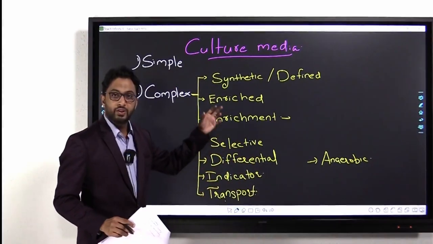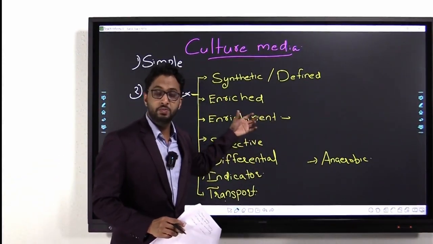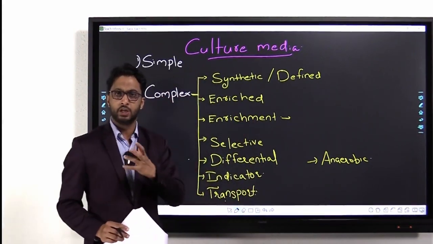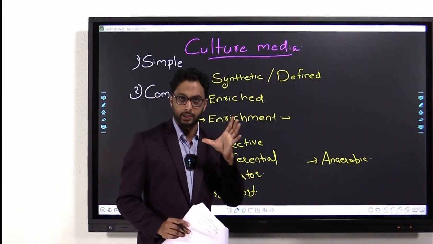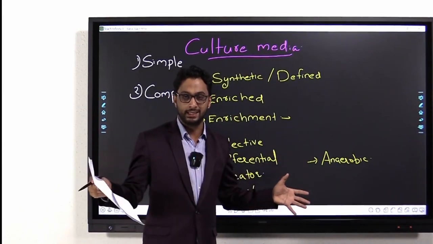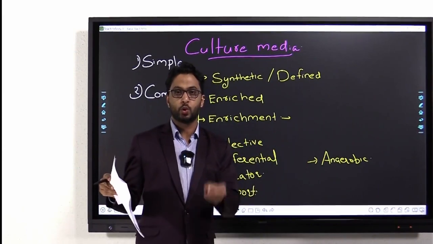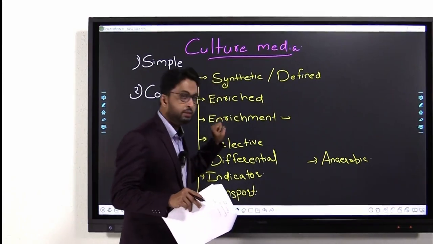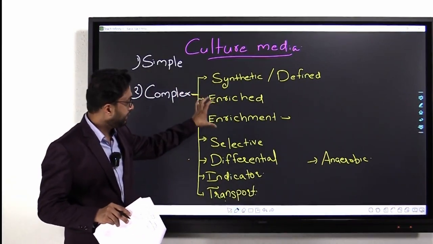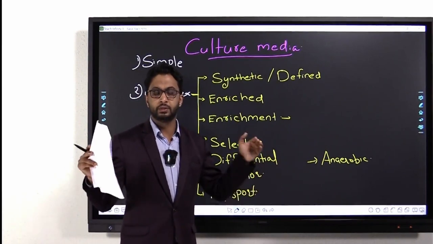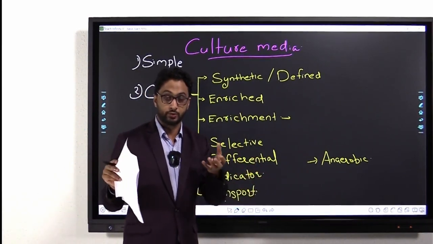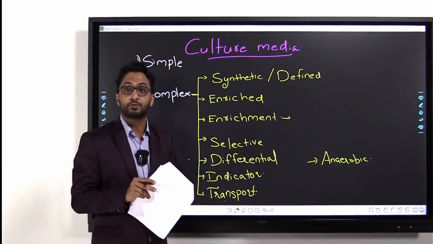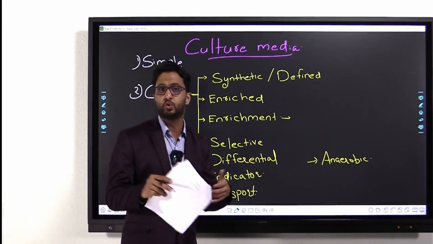The next is enriched media. Enriched media allows the growth of a particular bacteria. It doesn't influence any other bacteria. If you want to grow streptococci, it will grow streptococci, that's it. Enrichment media, besides allowing the growth of a particular bacteria, suppresses the growth of commensal bacteria or the bacteria which you don't want.